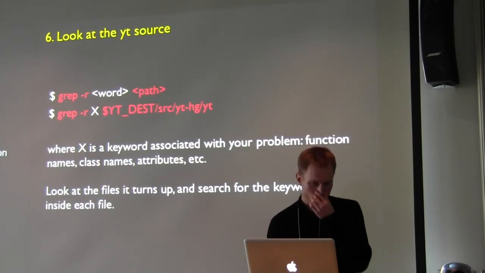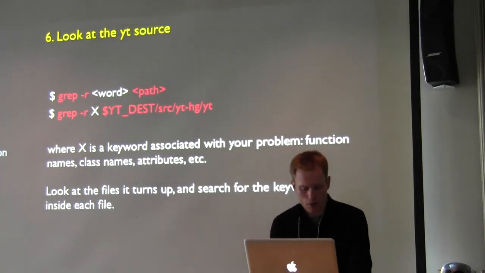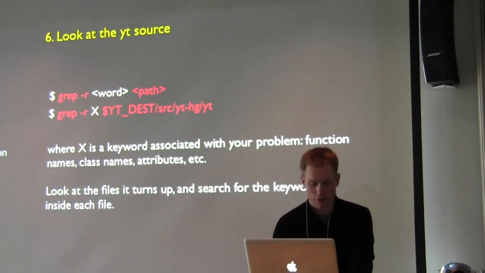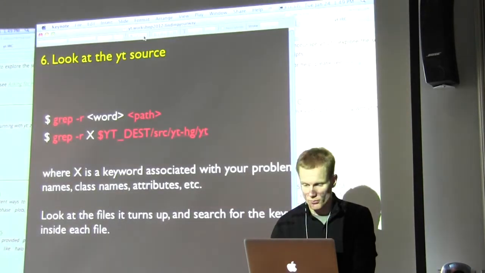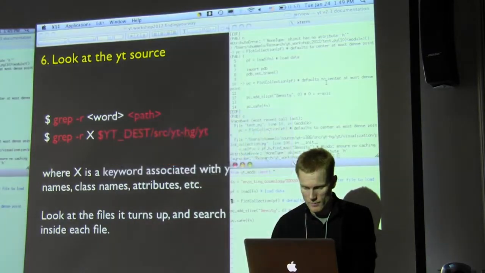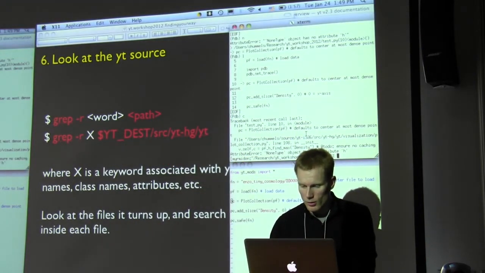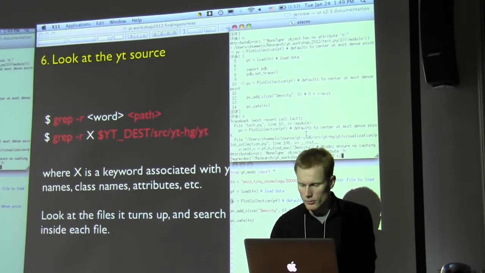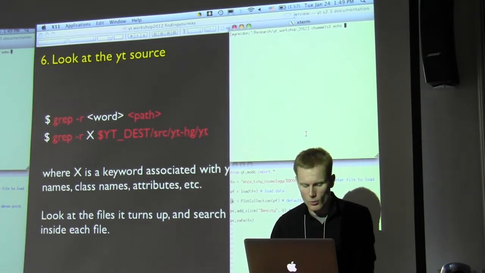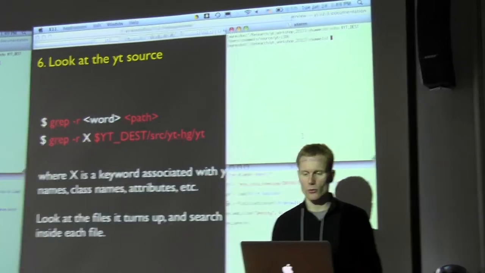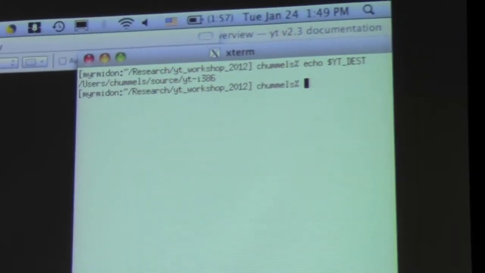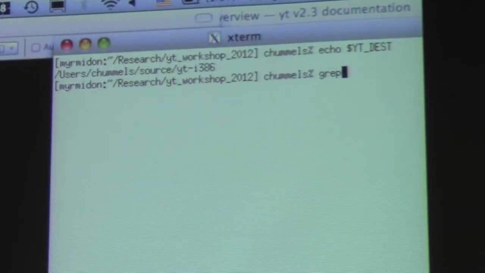Okay, so we can use this grep -r. Let's look at Halo, for instance. That's a good one. I'm just going to echo here, clear. Echo YT_DEST. Okay, it sits in /user/Hummels/source/YT-i386. So I want to grep -r Halo.